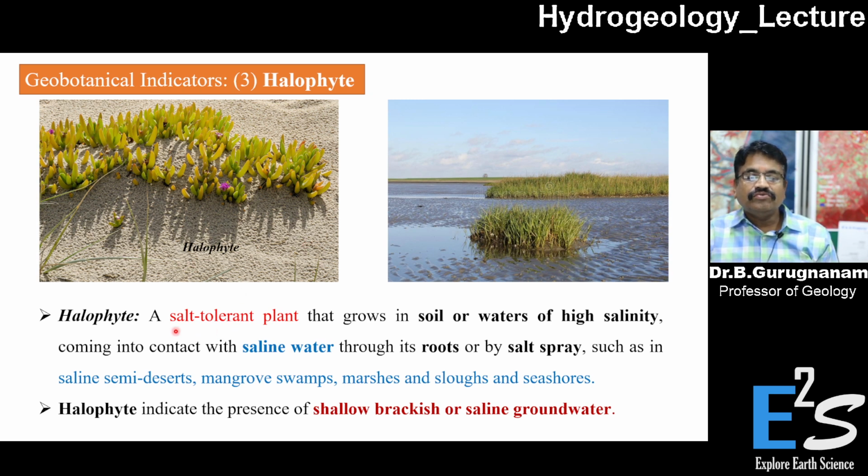So a salt tolerant plant grows in soil or water of high salinity, coming into contact with saline water through its roots or by salt spray, such as saline semi-deserts, mangrove swamps, marshes, sloughs and seashores. These are examples where the plants present in the area are halophytes. Halophytes indicate the presence of shallow brackish water and saline groundwater. Mangroves and others come under this type of halophyte.